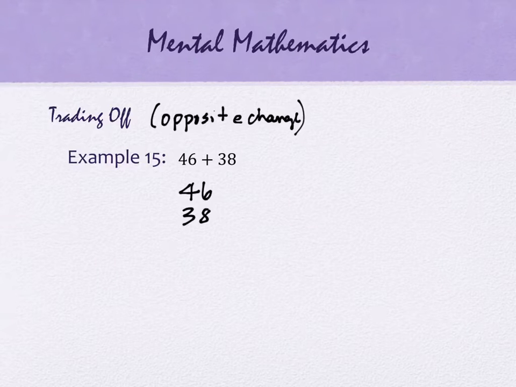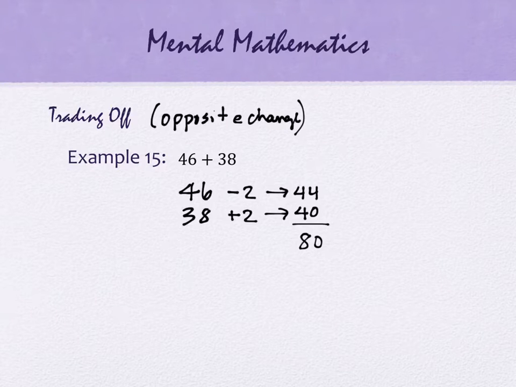So we either add or subtract values to try to get zeros. So on this one in particular, it's nice to add a 2 to 38. But if I add 2, the opposite change has to affect the other number, and so I subtract 2. So my 46 becomes 44, my 38 becomes 40, and I have 80. That is the opposite change algorithm.